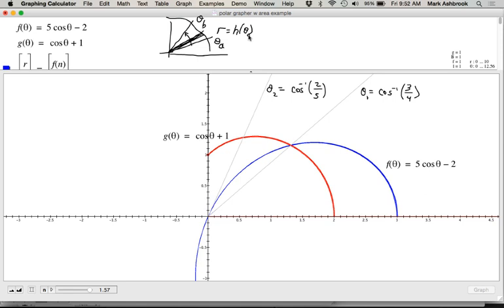So having that mindset is really important for figuring out how we're going to set up expressions to represent these areas. Okay, you've got to really think about that.